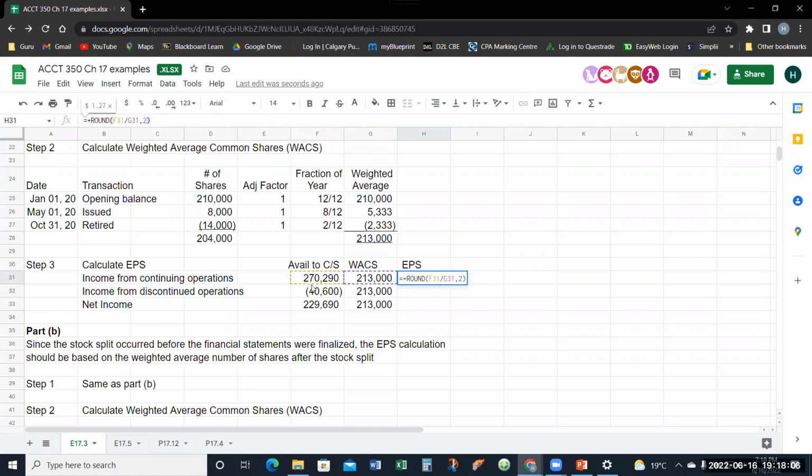For the first one, 270,290 divided by 213,000 gives $1.27. So that's my earnings per share from continuing operations. My discontinued operations is a loss of 40,600 divided by 213,000. On a per share basis, that works out to 19 cents. And thirdly, my net income EPS total works out to $1.08.